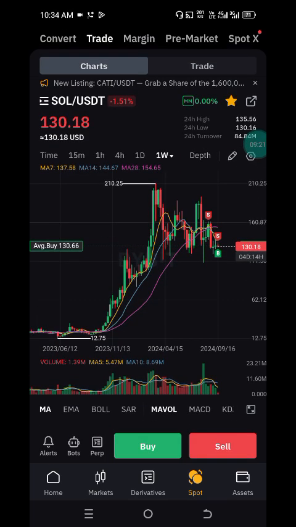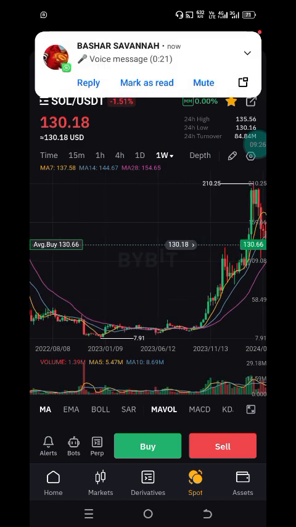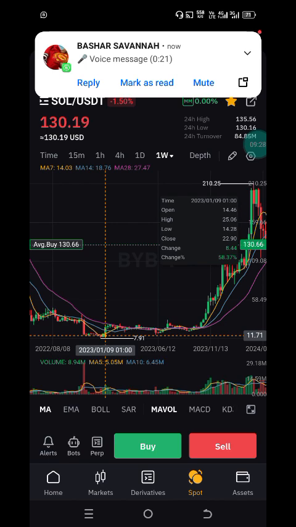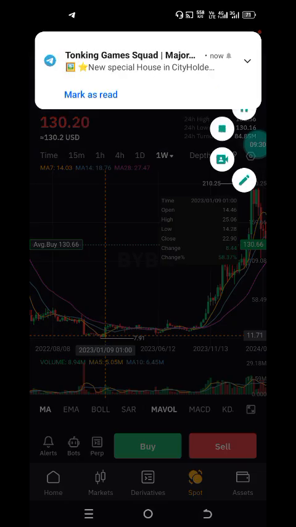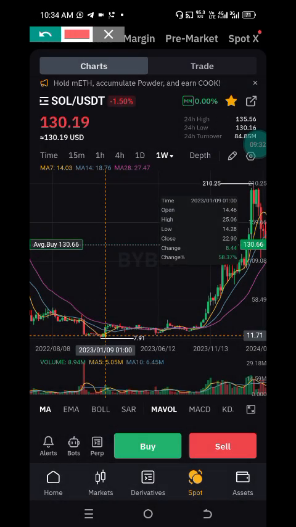The total low of Solana at that price, look at the dates here. That is 2023, 9th January 2023. And we are in 2024, approaching October. So it's like 1 year and some months.